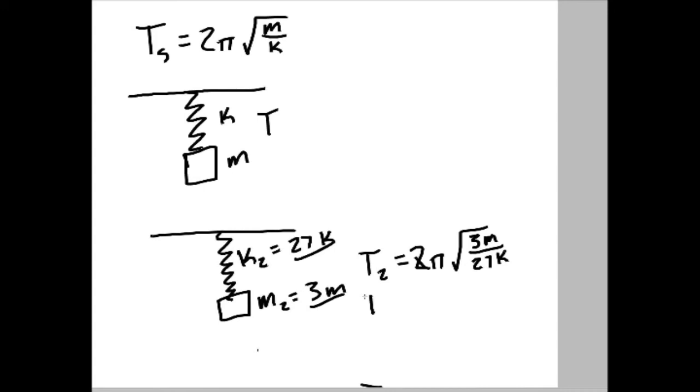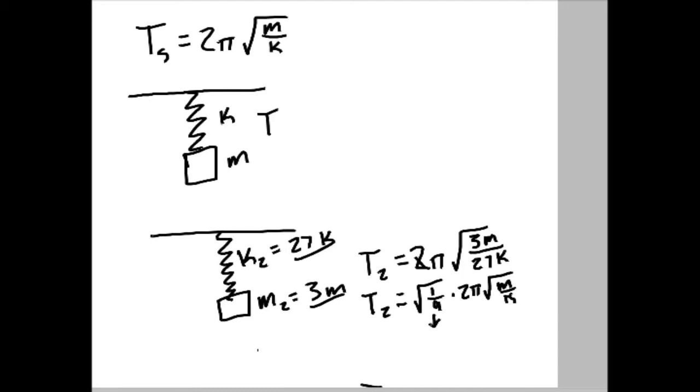So my period, if I factor out that square root of 1 divided by 9, times 2 pi times the square root, well, I factored out this 3 over 27, so that leaves me with just m over k. Well, square root of 1 over 9 is really, square root of 1 is 1 and square root of 9 is 3, so this is 1/3.